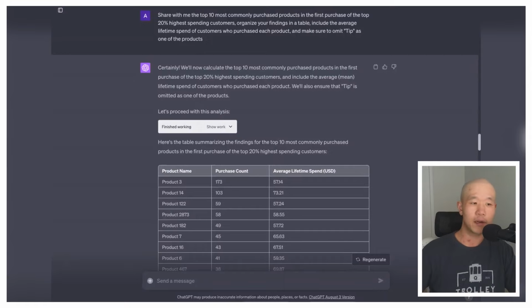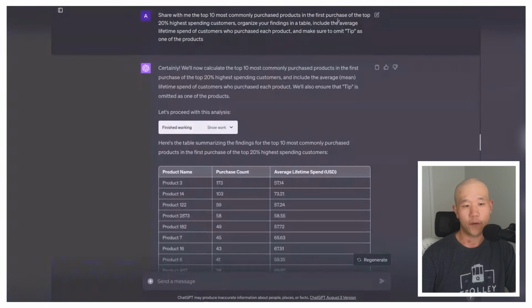The prompt that I asked it was, share with me the top 10 most commonly purchased products in the first purchase of the top 20% highest spending customers. Organize your findings in a table. Include the average lifetime spend of customers who purchased each product, and make sure to omit tip as one of these products.